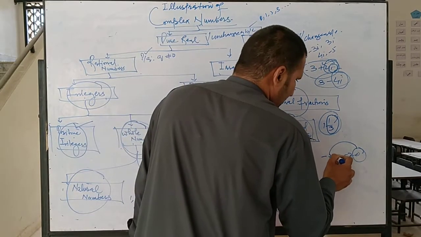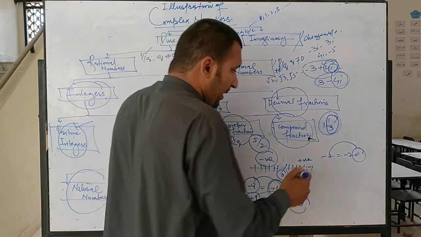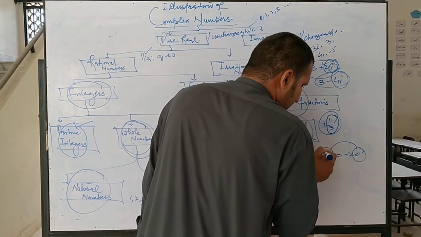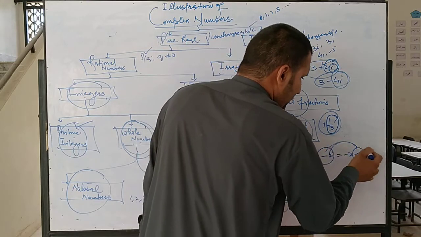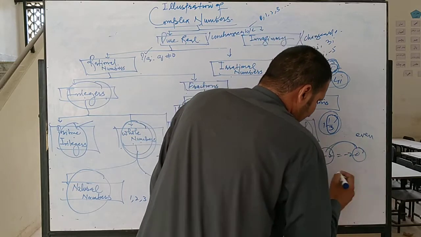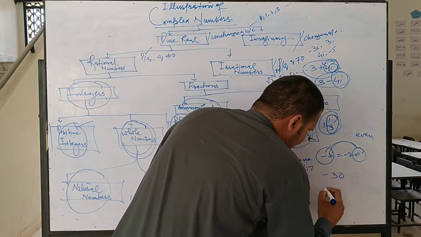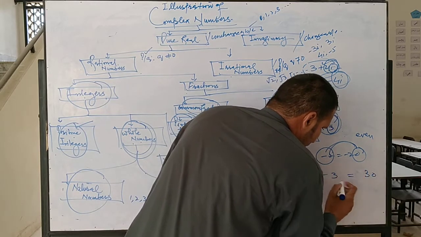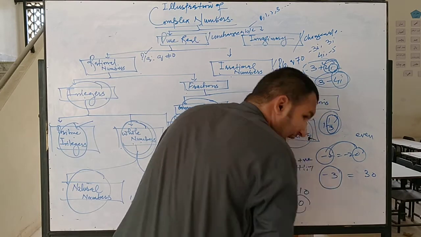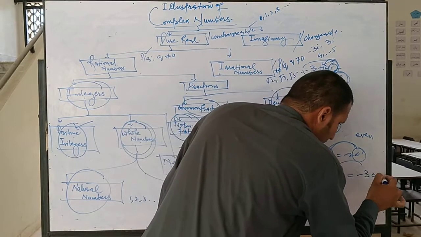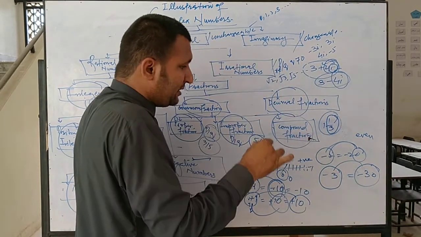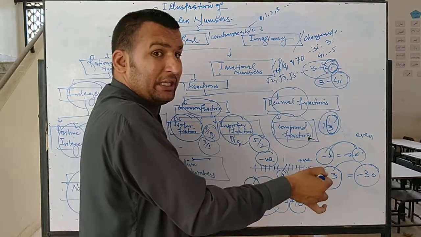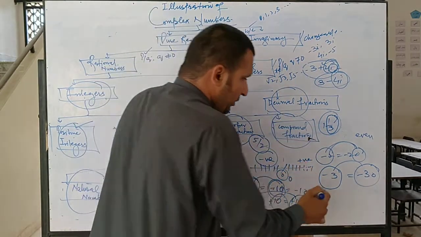Means we take a value which is -2 but it does not change the statement of minus, only the even changes. Again -3 becomes -30, so -3 is odd and converts into -30, which is an even value.